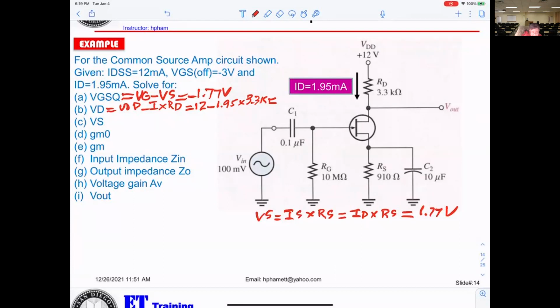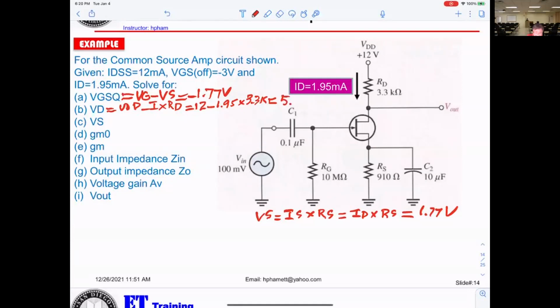ID equal 1.95 milliamp. So the voltage drop across RD should be 6.435. So I get 5.56 or 5.57. I got 5.56.